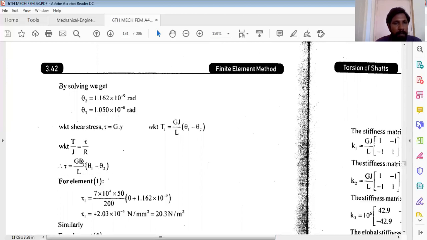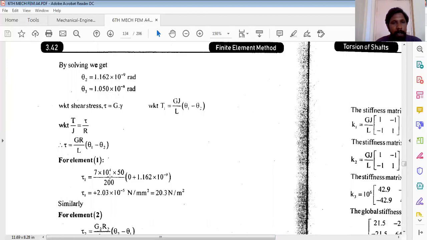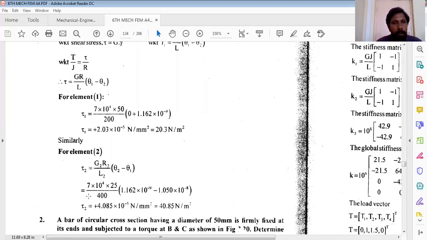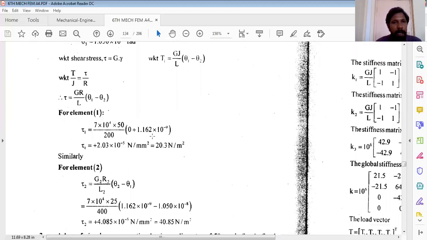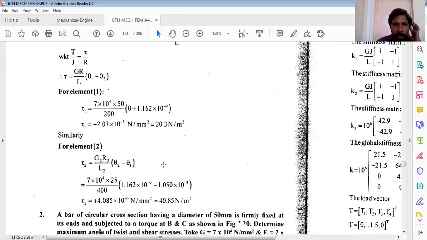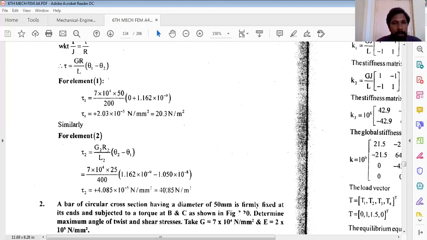We have the value of G and the value of r, so we can calculate the shear stress value in member 1 and also in member 2, that is element 1 and element 2. When you substitute the values of theta 1, theta 2, G and r, we get the value of tau 1 as 20.3 Newton per meter square and tau 2 as 40.85 Newton per meter square.